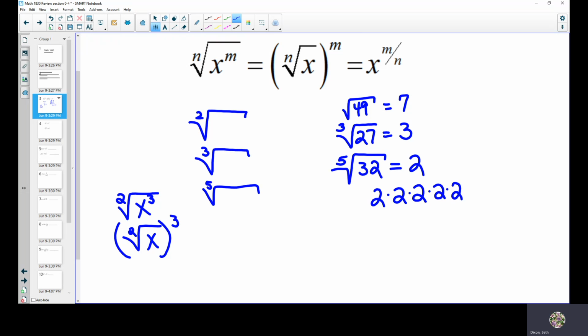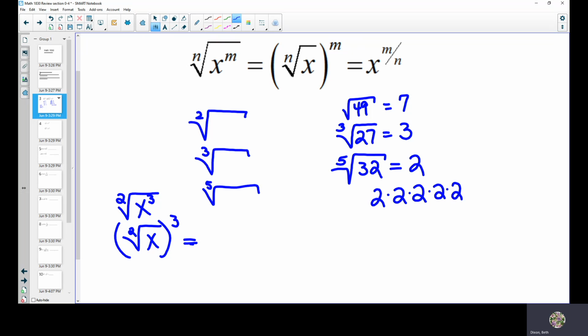It doesn't matter whether the power is on the outside or on the inside. So the square root of x to the 3rd, or the square root of x all raised to the 3rd, actually means the same thing.